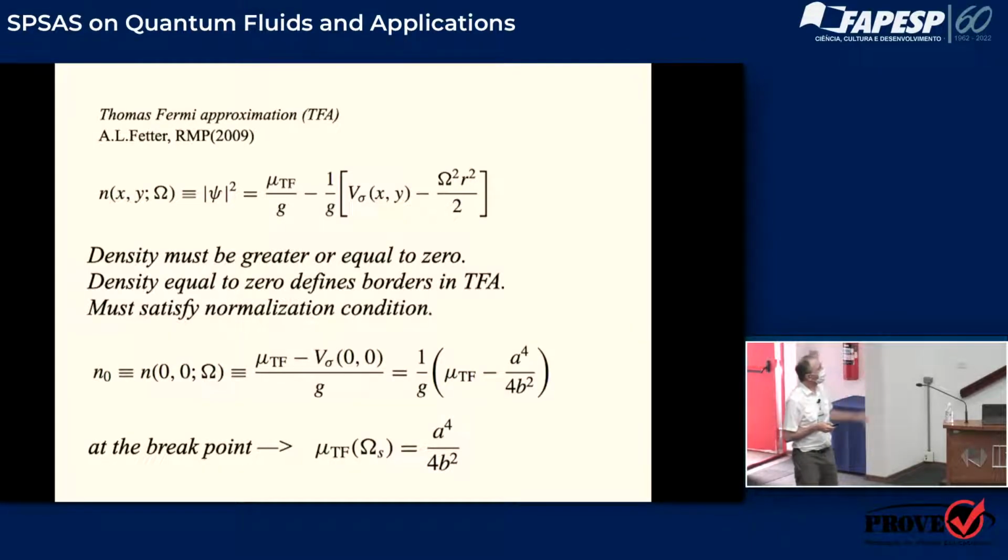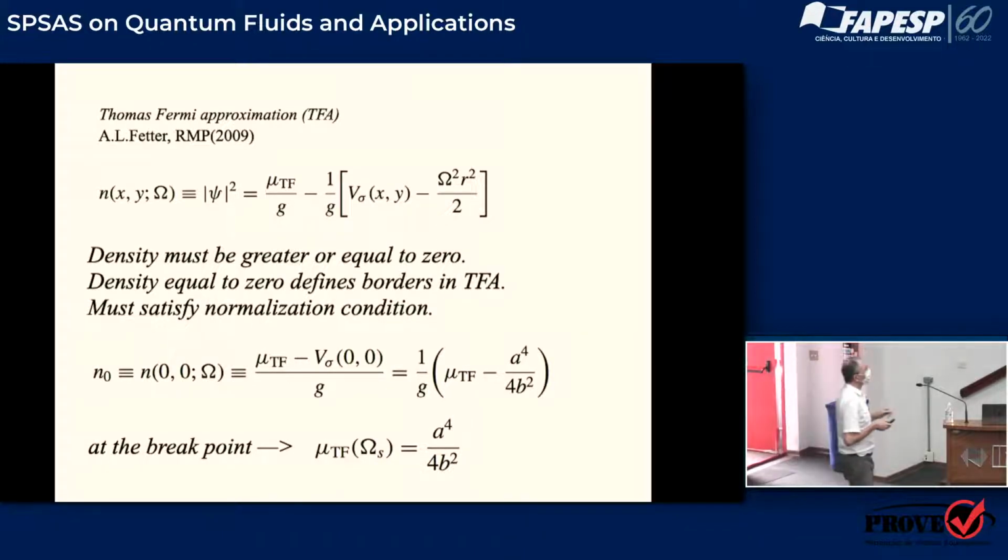Also, you must integrate psi square so that it gives the number of atoms, or 1, depending on how you characterize the G constant. You can multiply G by N and then normalize by 1, or you can keep G and normalize by N. This doesn't matter. It's an equivalent form of describing. You can normalize the wave function of the condensate to 1 or to N.